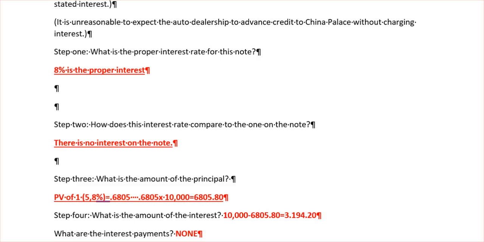So the value of the automobile, which would be the same as the value of the cash coming in, if that would have been the way that the transaction was structured, is going to be only equal to $6,805.80. The value of the automobile is not $10,000 because a part of the $10,000 that's going to be repaid really is interest. So it affects how the automobile goes on the books, but it also affects how you record the liability.